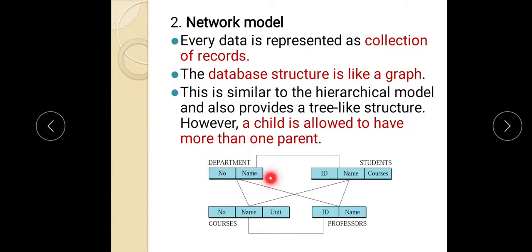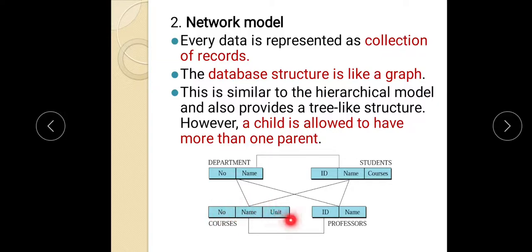So every node or every record can have a relationship with every other node or record. They don't have the restriction that a child can have only a single parent. They can have multiple parents.